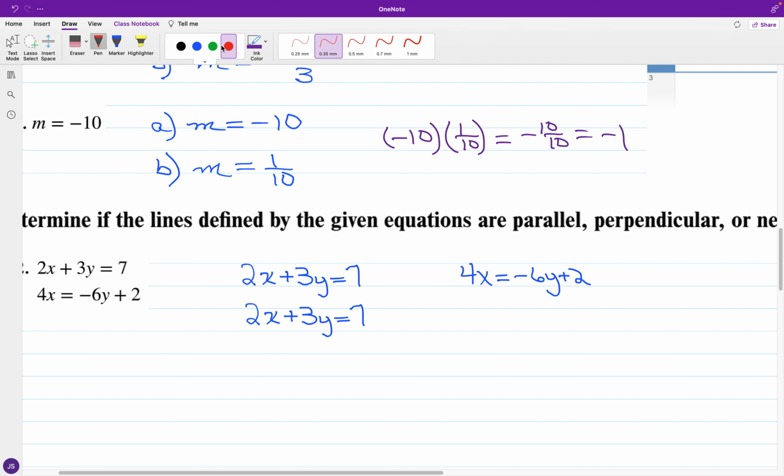So I can initiate by getting 3y by itself, taking 2x away from both sides. So we have 3y is equal to -2x plus 7. And as I express in terms of y, I can divide the equation terms out by 3.